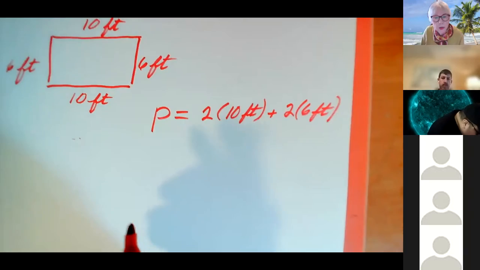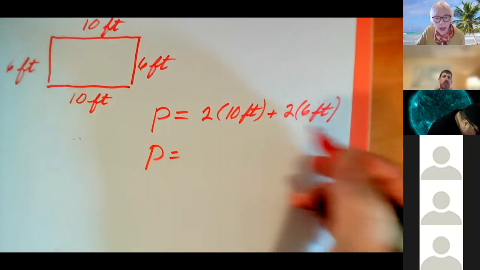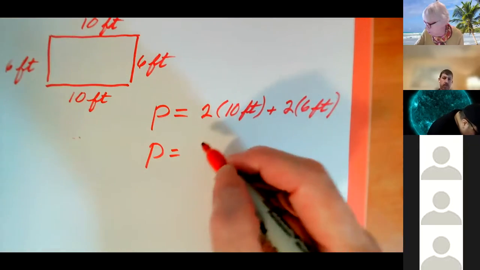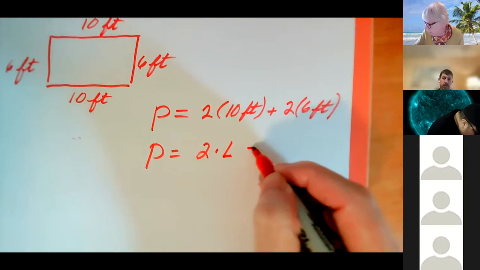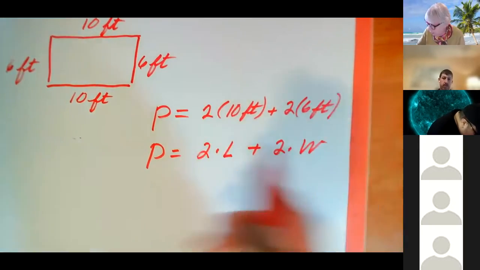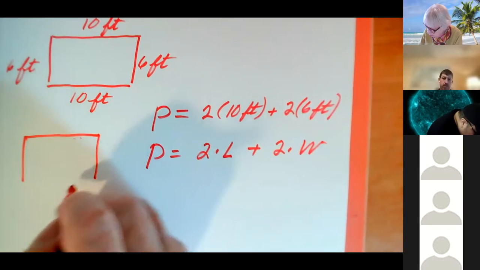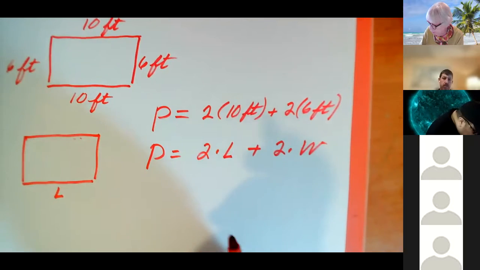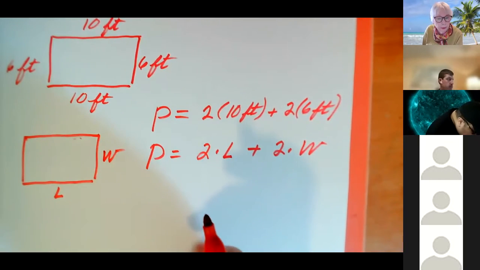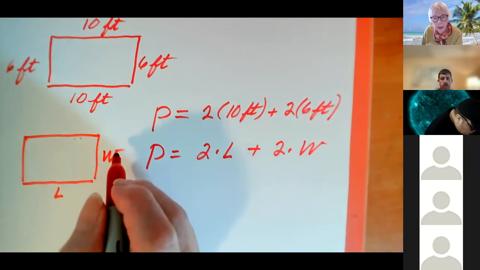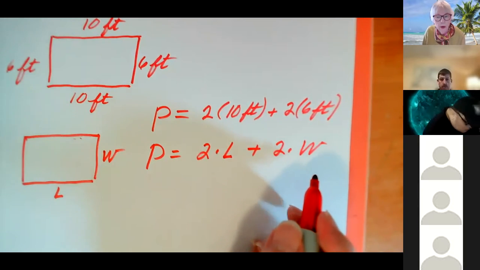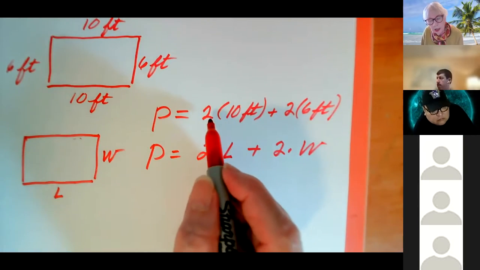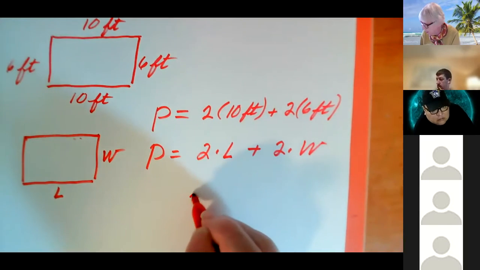And so the formula without numbers, without specifics, would be 2 multiplied by the length and 2 multiplied by the width. So here in this rectangle, you might call this one the length, L, and this one the width, W. And so this would be your basic formula. And so if you have to do it, then order of operations kicks in. 2 times 10 is 20.